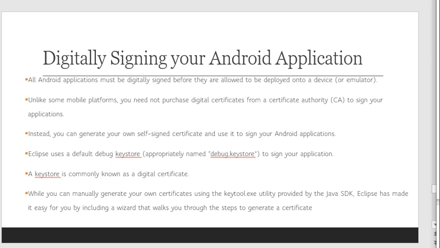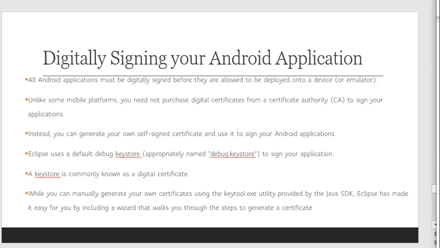A diagram was also given, wherein you click on Android, then go to Build. When you go to Build, you will get the location where you have your debug.keystore. Eclipse will use the debug keystore to sign your application. A keystore is commonly called your digital certificate. We already saw that in the previous slide.